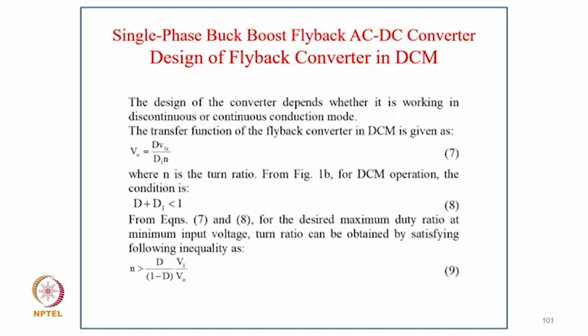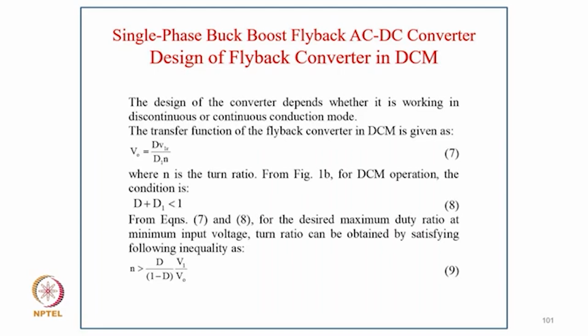So the design of the converter depends on whether it is working in discontinuous or continuous mode. The transfer function of the flyback converter in DCM is given by VO equal to dV1R divided by D1N, where N is the turns ratio, and for DCM operation the condition is D plus D1 is less than 1, where D is the duration corresponding to the device being on, and D1 is the conduction period corresponding to the diode.